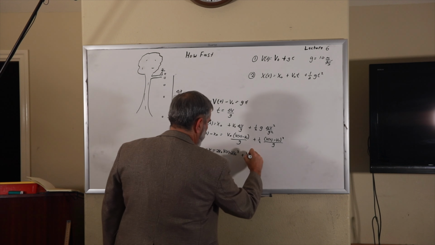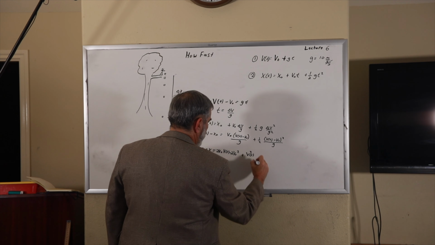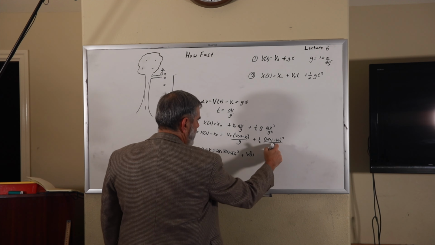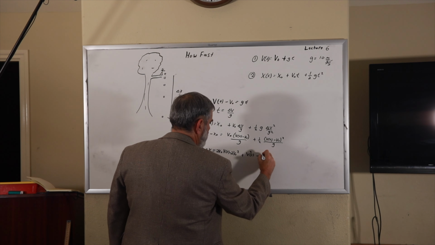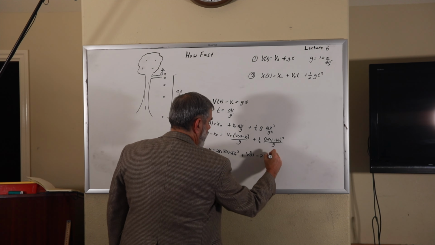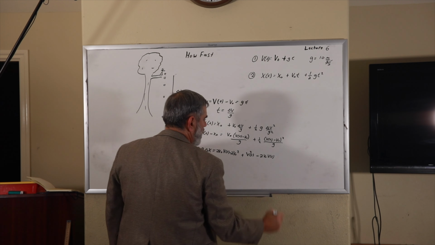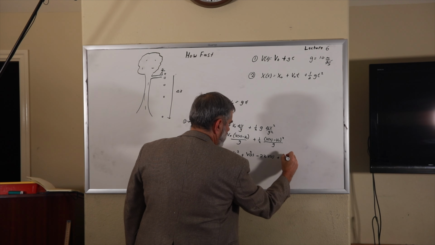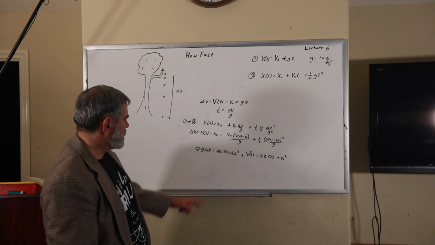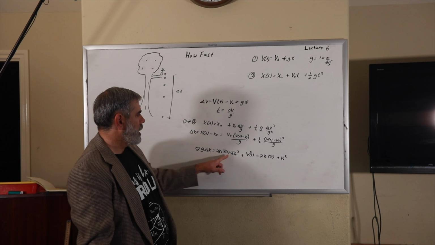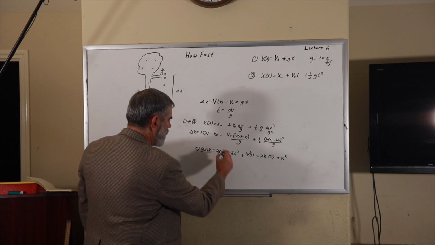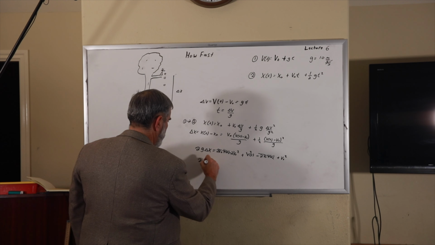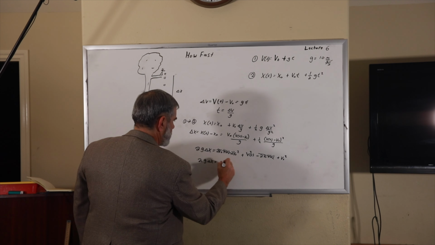It'll be v of t squared, then v of t times minus v naught, and also minus v naught times v of t, so that'll be minus 2 v naught v of t. And finally, minus v naught squared is going to be plus v naught squared. If we look at this, we see that we've got a 2 v naught v of t and a minus 2 v naught v of t right here. Those will cancel out.